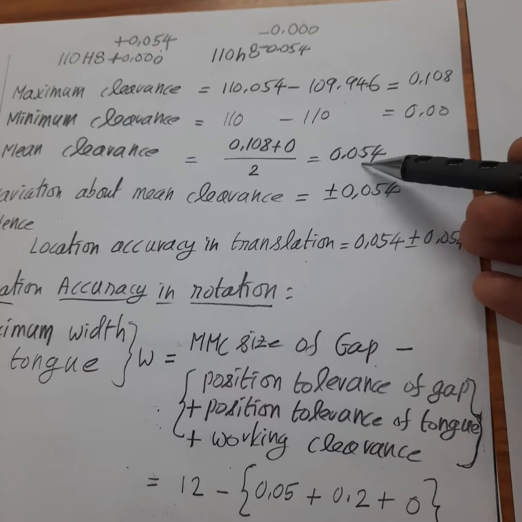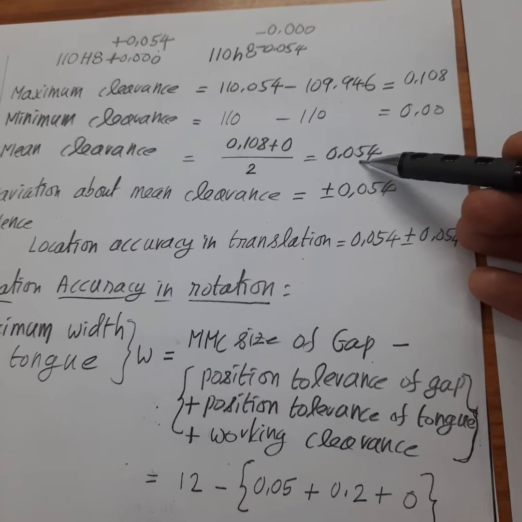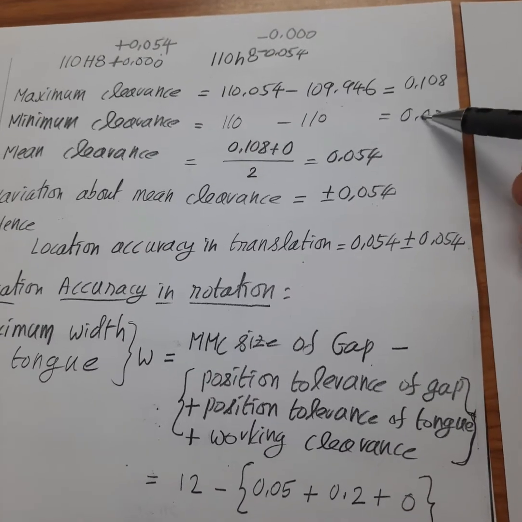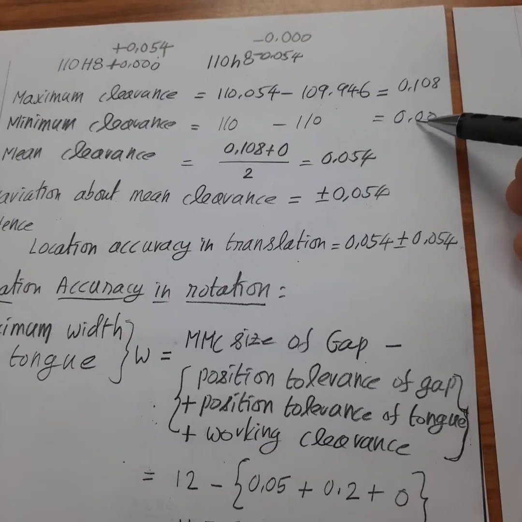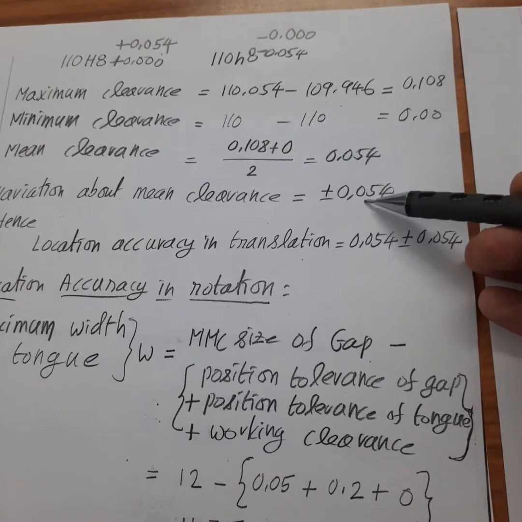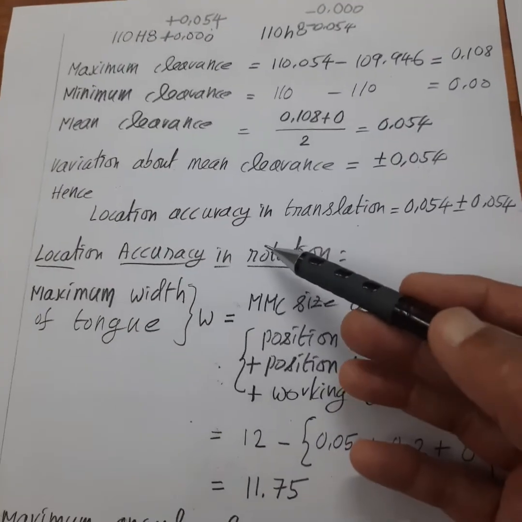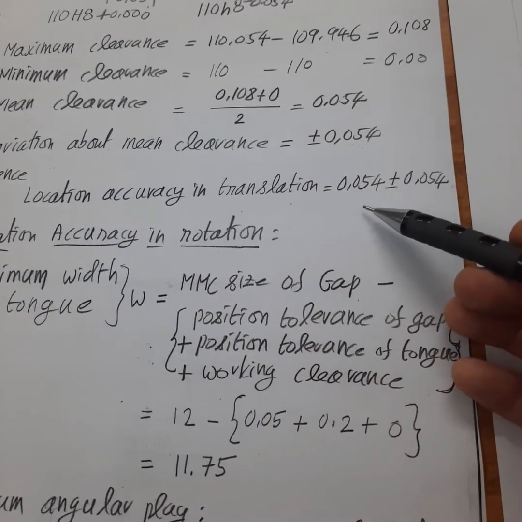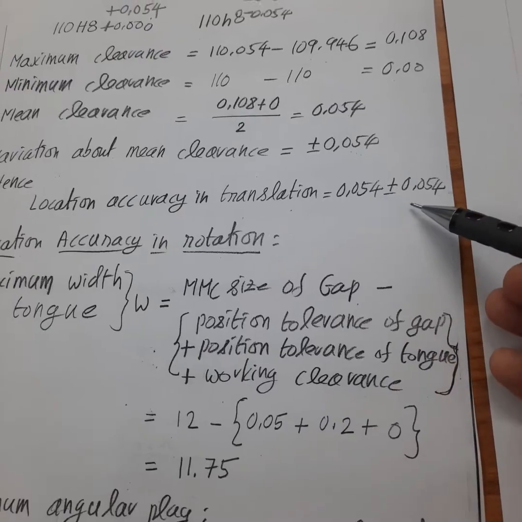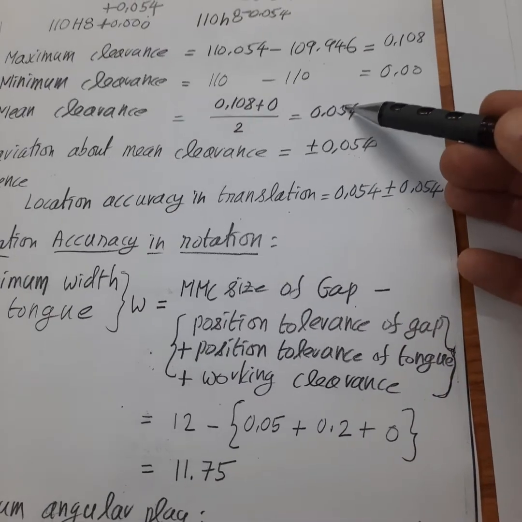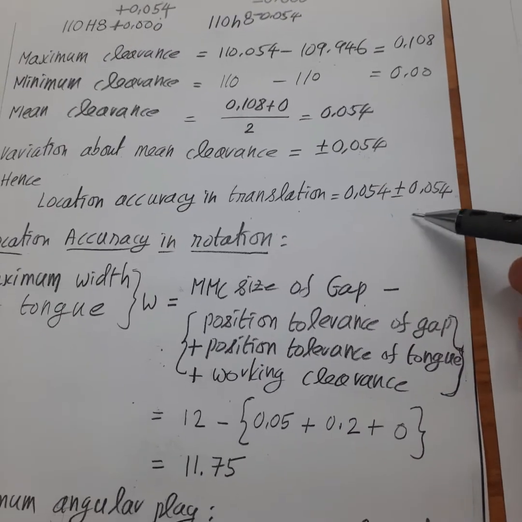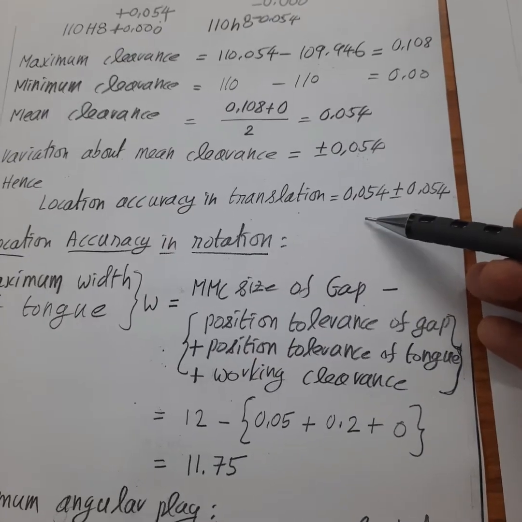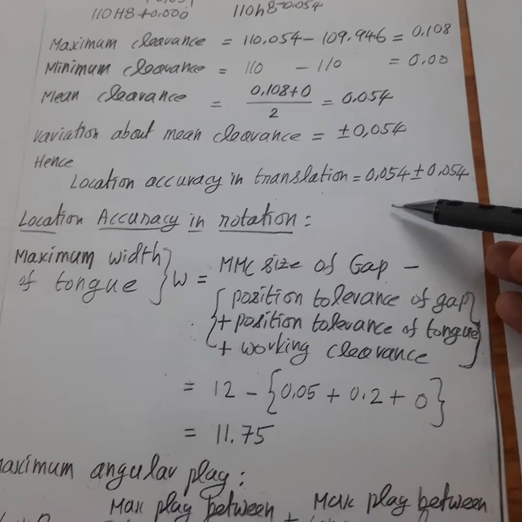So from the mean clearance of 0.054, the maximum and minimum clearances vary by plus or minus 0.054. So the location accuracy in translation for this example is 0.054 plus or minus 0.054. This is the location accuracy in translation for this example.